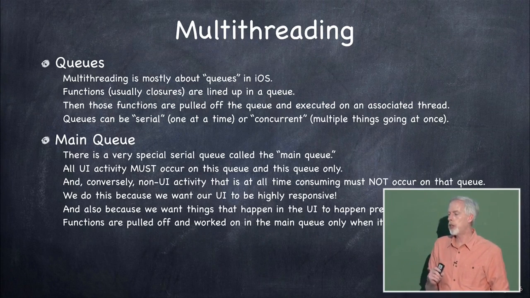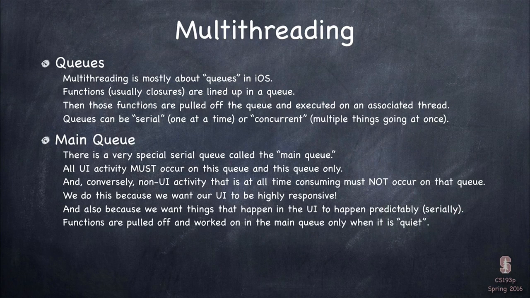The most important queue, it's a serial queue called the main queue. The main queue is where all UI activity has to happen. This is super important for you to understand. If you want to do anything where you call something in UIKit, UIButton, UI anything, with a couple of exceptions, which I'll talk about later, you need to be making those calls on the main queue.